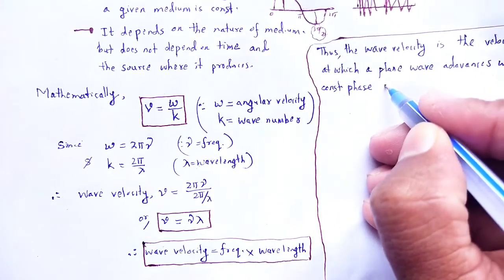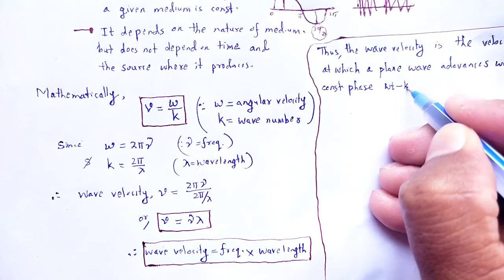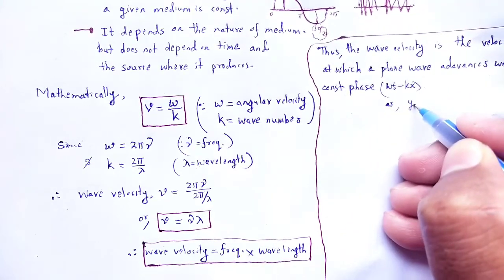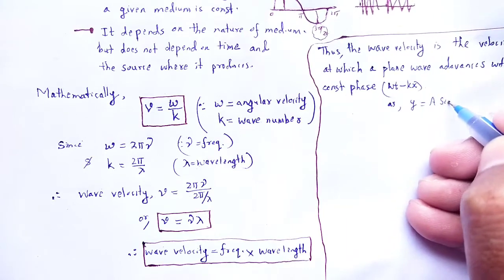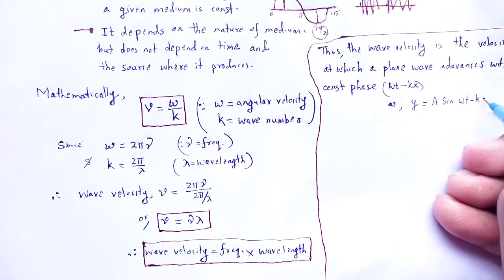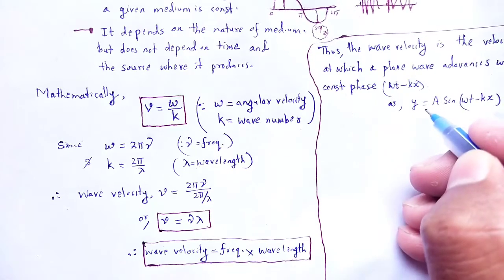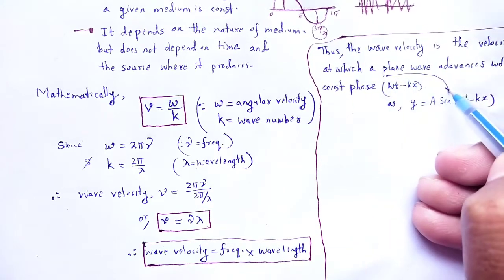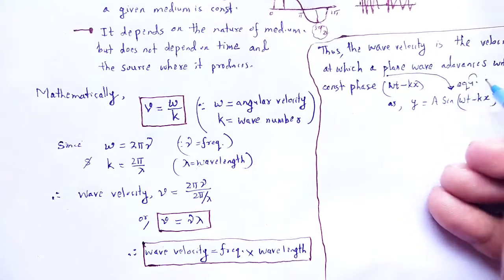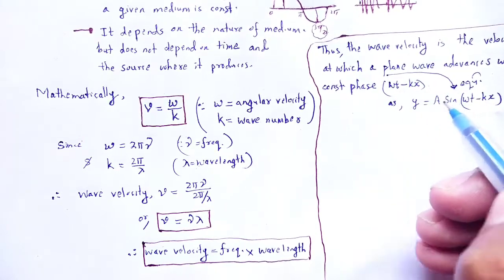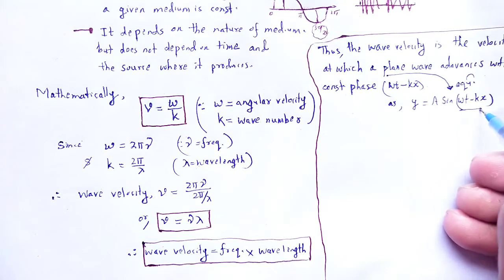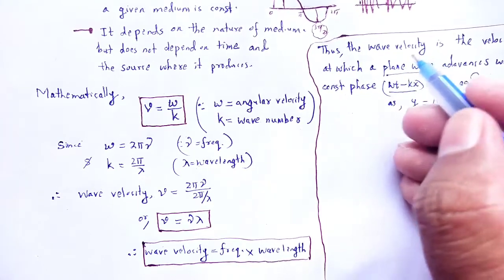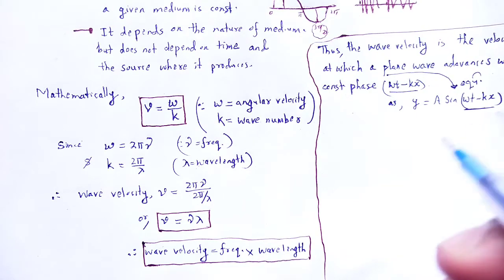That phase is omega t minus kx, as y is equal to a sin(omega t minus kx) is the equation of a plane progressive wave. So here omega t minus kx is the phase through which that velocity travels.